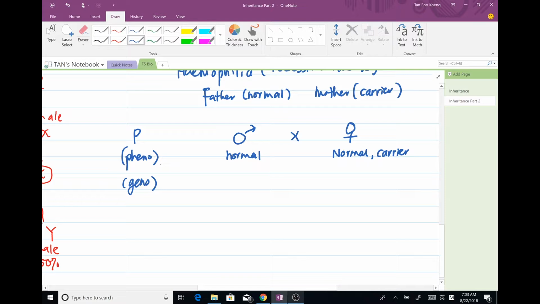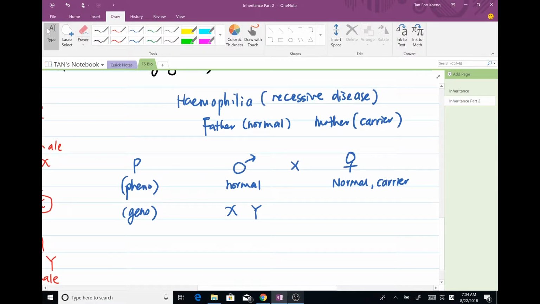And what would be the possible genotype for father? Father has X and Y chromosome. However, only X chromosome carries genes. He is normal, so he must have that dominant allele. Dominant allele is represented by capital letter.